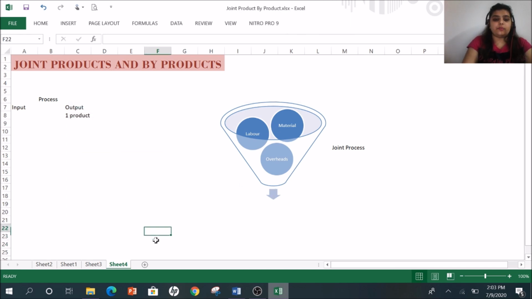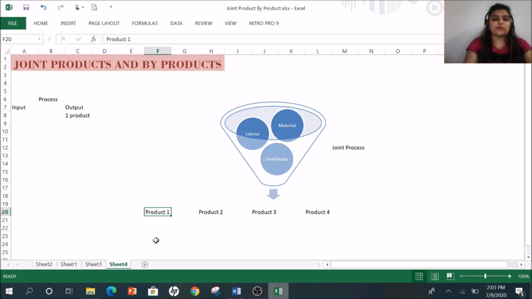Now this output, I will get more than one products, that is output 1, or I can say product 1, product 2, product 3 and product 4. So what is happening?